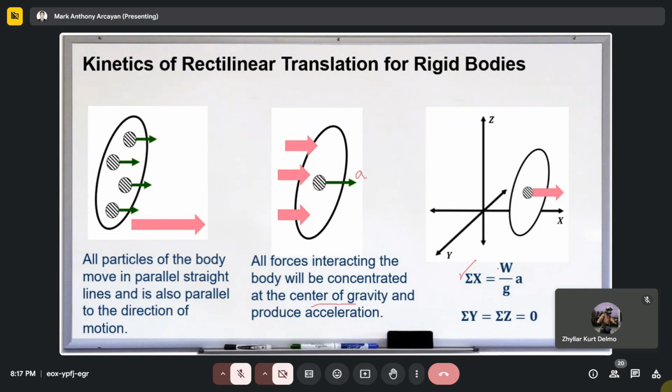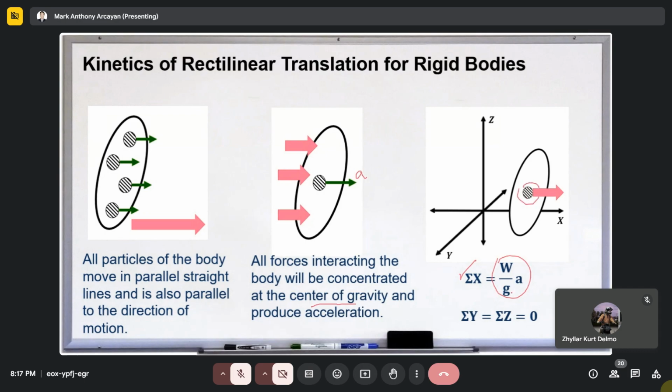That is why on the right side of our equation we have here the W over g, which refers to the mass, times the acceleration of this body. And that acceleration vector must be indicated or must be constructed at the center of gravity in this particle.